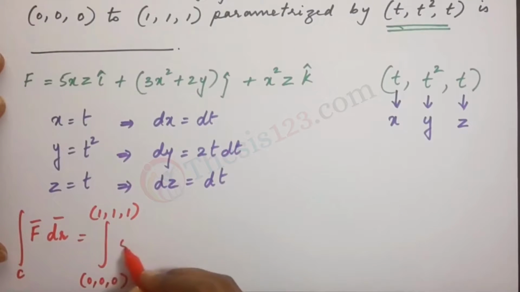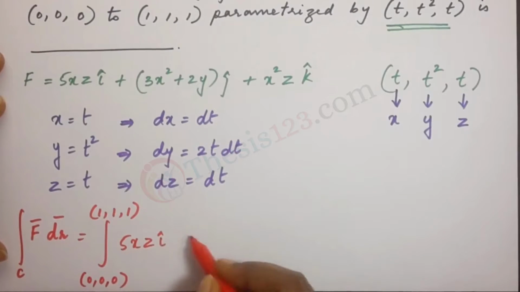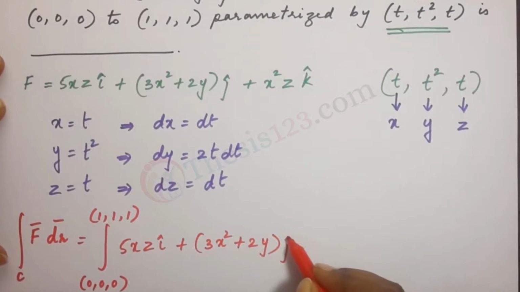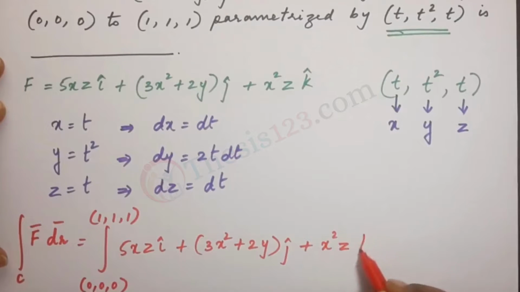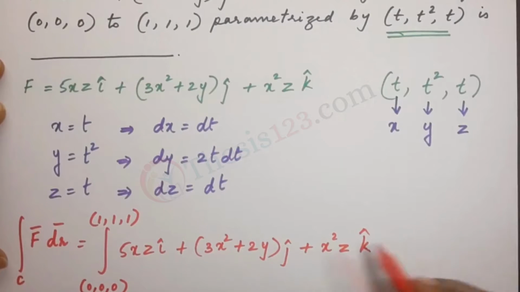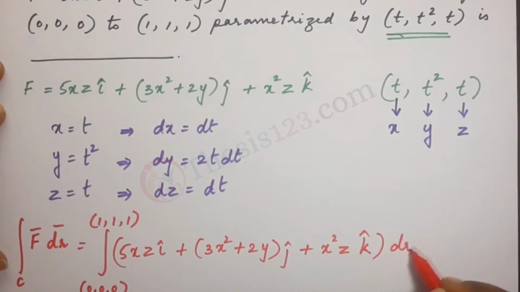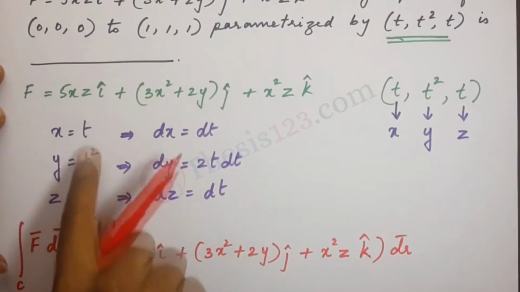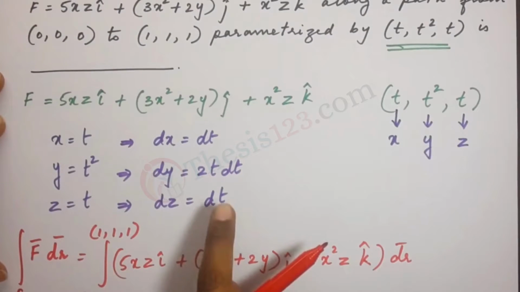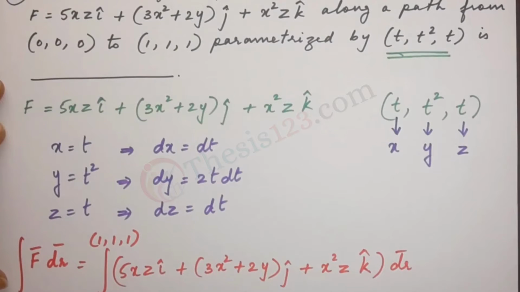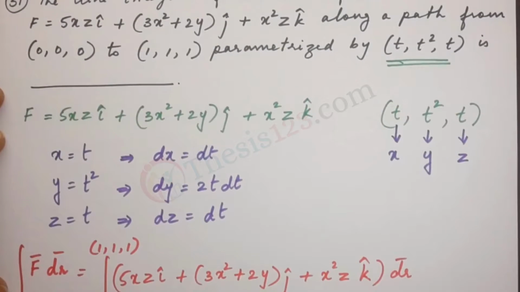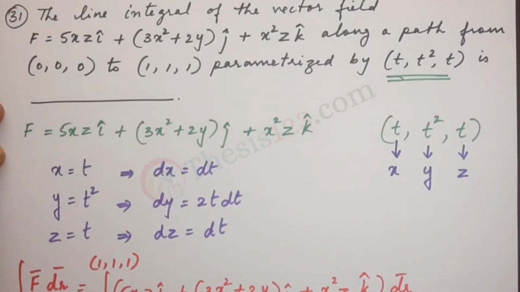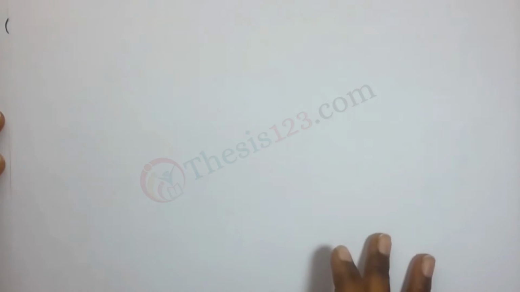The integrand is 5xz i cap plus (3x square plus 2y) j cap plus x square z k cap, dot dr. Now I am going to write the entire expression in terms of t. That is our parameter, therefore we completely express the equation in terms of t. Let me just grab another sheet of paper here and we will continue.